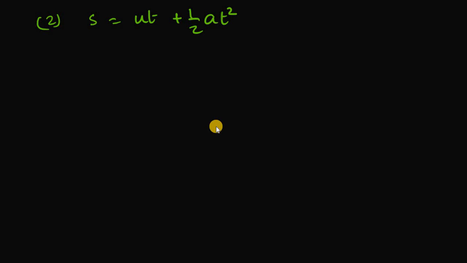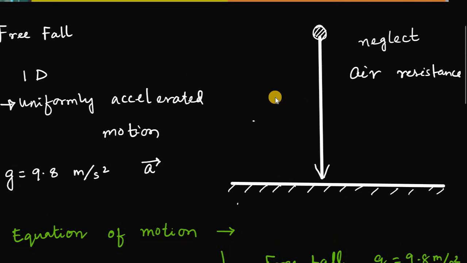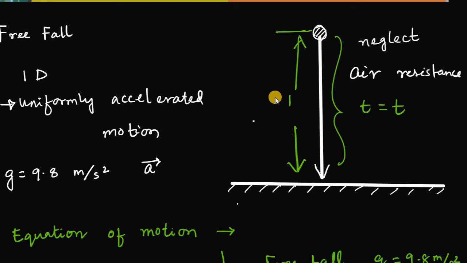Now, as a is taken as g, s should be taken as the vertical height which the ball has covered in flight. Let it be the height from the terrace of the building, and this is the time taken, whatever the time is, and this is h, which is basically the displacement of the ball from the terrace of the building up to the point it reached the earth surface.